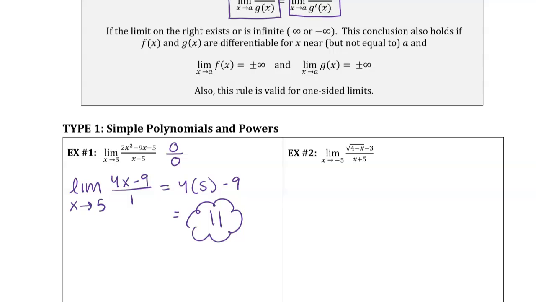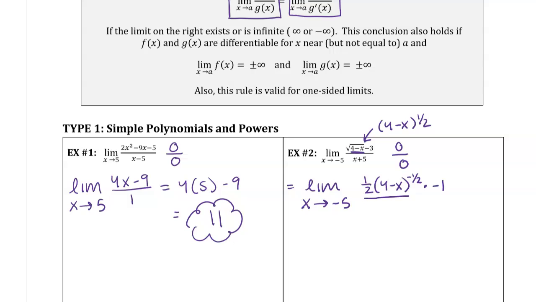Over here, example 2, same sort of idea. You will get 0 over 0 if you plug in -5. So instead, we'll have to take the derivative of the numerator and the denominator. This is the same as 4 minus x to the 1/2. So then the derivative of the numerator is 1/2 times 4 minus x to the -1/2 times the derivative of our inside, which is the derivative of 4 minus x, which is -1. The -3 just goes to 0.